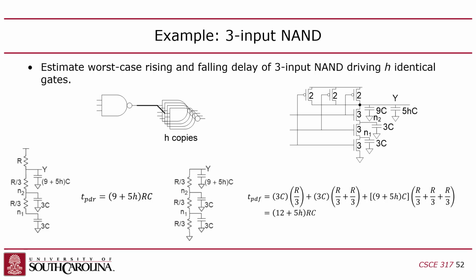Why is it R? Because the size of the PMOSs is 2. When the PMOS size is 2, remember the delay is 2R divided by K. So if K is 2, it's just R, right? So R is our pull-up resistance, right? Then we've got Y, and we got some capacitance on Y. So how much capacitance?